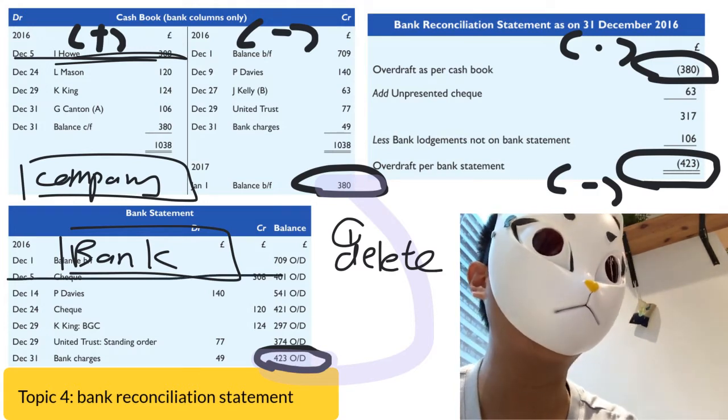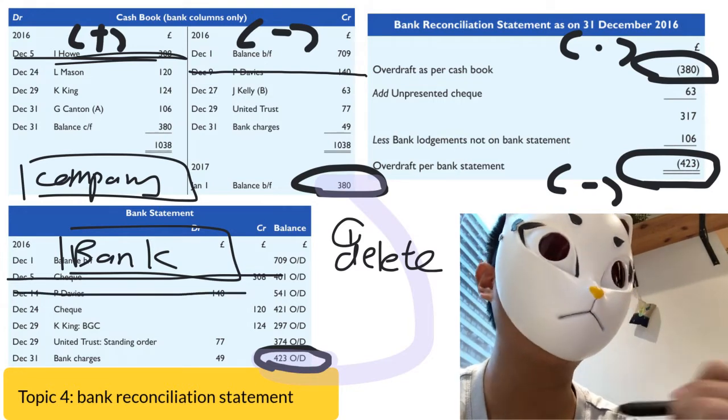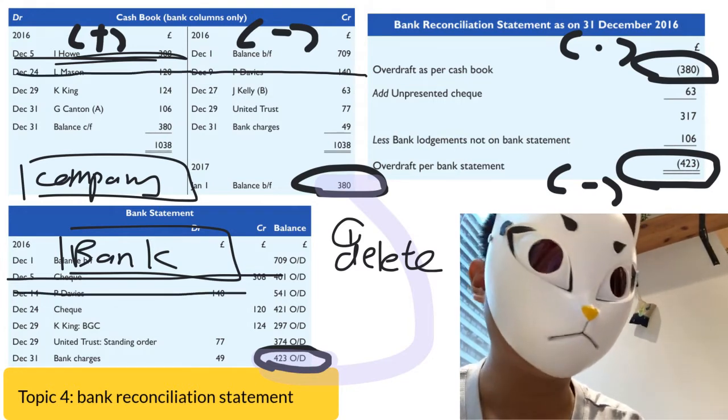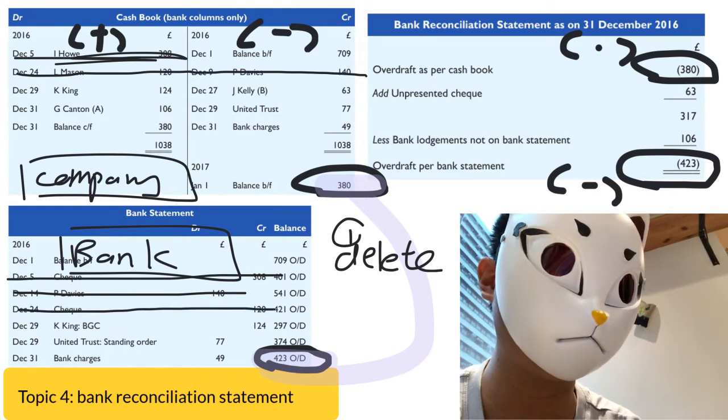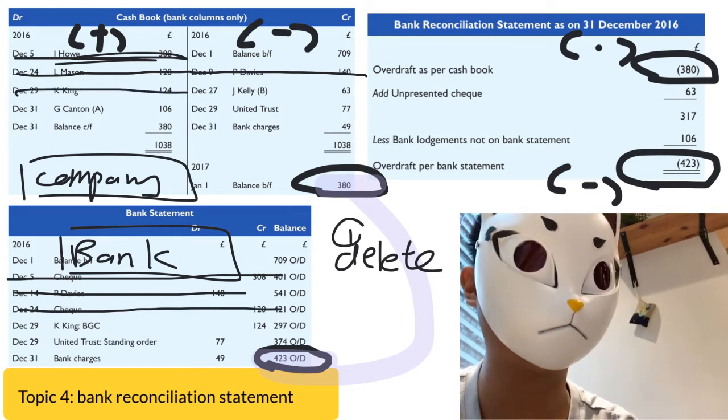Delete the things that appear, 140, delete the items appeared in both sides. So this is the first step we need to do.